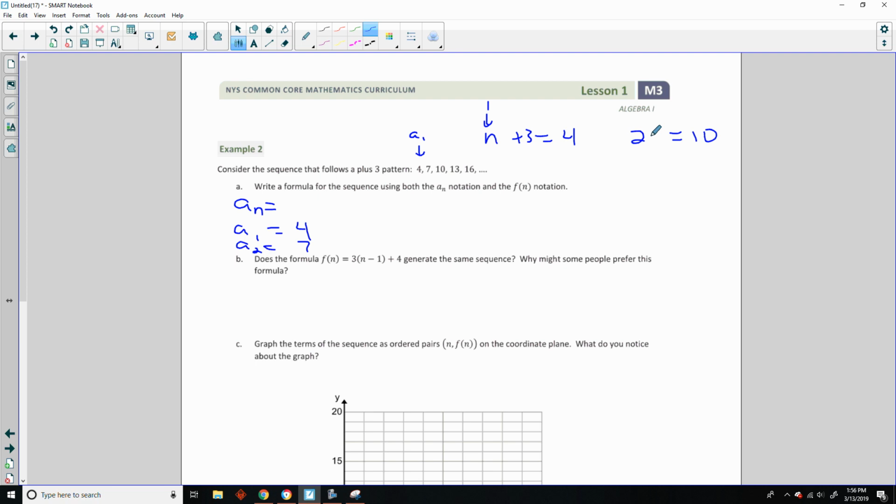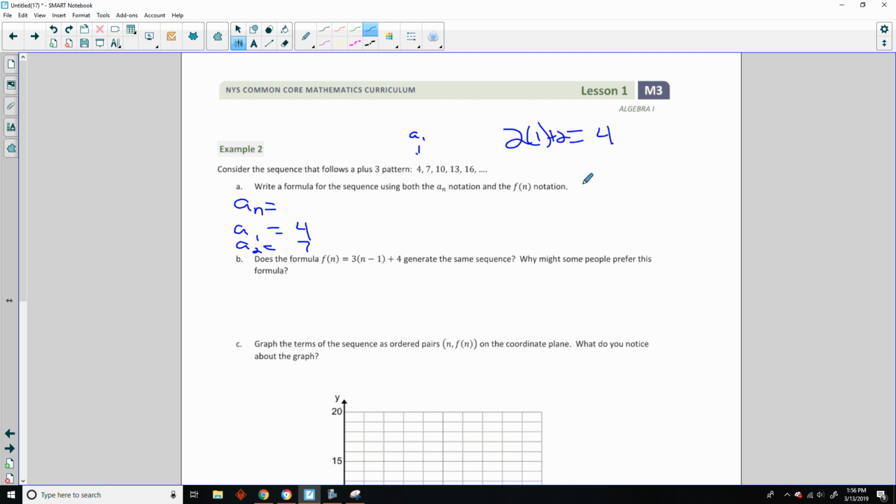But then when I get to my second term, and I add 3 to it, I don't get 10. So just adding 3 doesn't work. So I just play around with this until we figure out a rule for this. If I tried a 2, by the way, the first term, 2 times 1 does not equal 4.